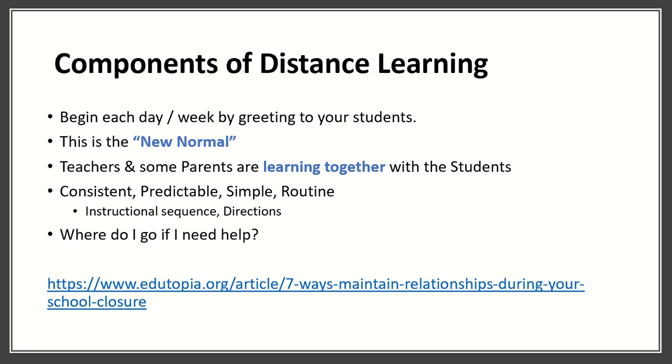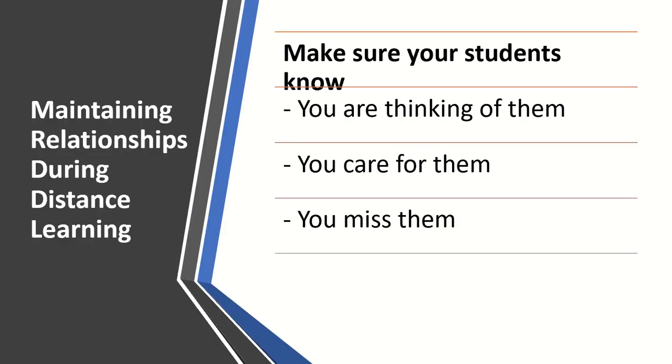This article really highlights 7 ways we can maintain those student-teacher relationships, which are just essential to the student's social and emotional growth. In order to maintain those relationships during distance learning, we want to make sure our students know that we are thinking about them, we care about them, and we miss them, because maintaining the student-teacher relationship is so important to their well-being.